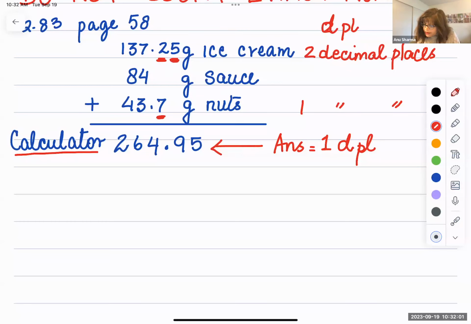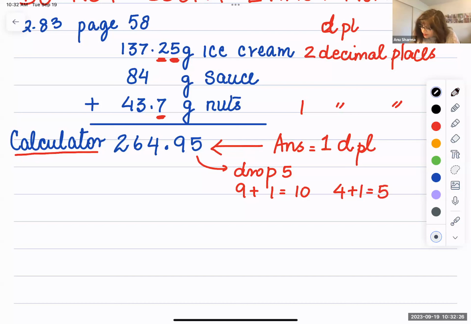So we need to keep 1 decimal place, and we need to drop the 5. When you drop the 5, what happens to the 9? You add 1 to 9 and it becomes 10. That means the 4 becomes 4 plus 1, which is 5.